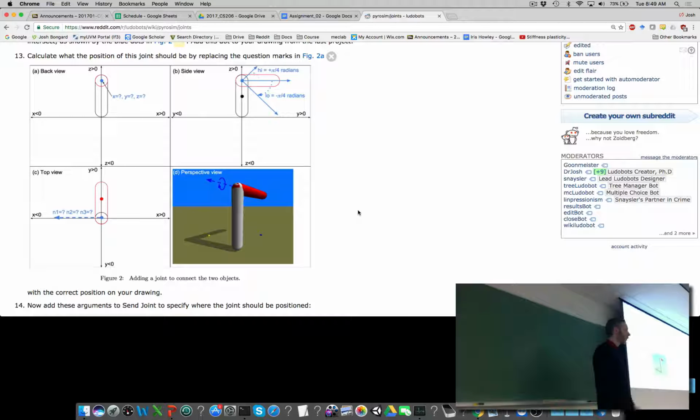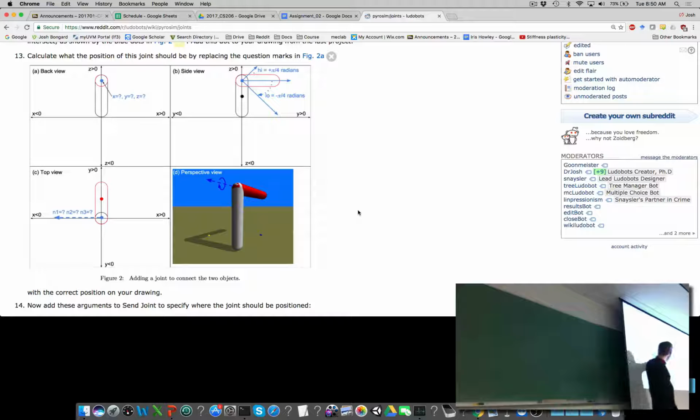Why is that? Because we're going to connect all of these cylinders together, and we don't want our robot to fly apart in a million pieces. Remember that when PyroSim detects pairs of objects that are not supposed to collide, it will apply forces that push those objects apart.